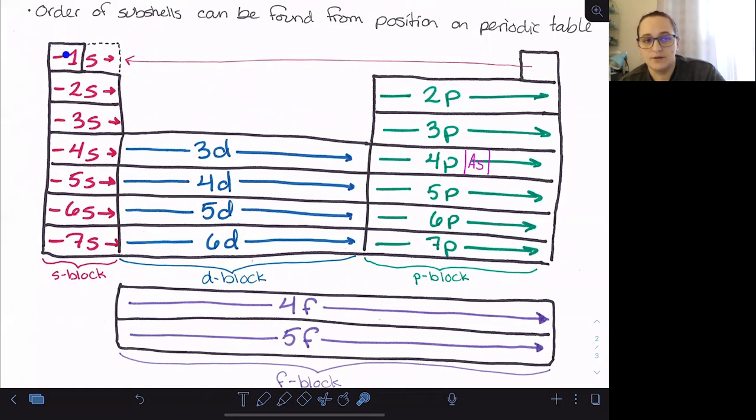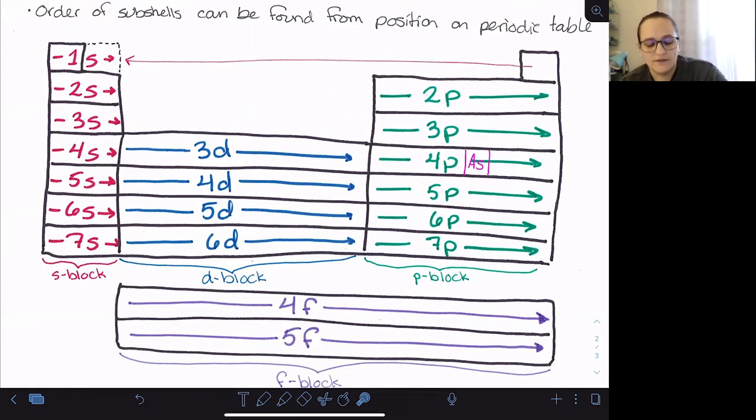So we start in this block at the 1s, and then as we move down, we're moving up in shells to the 2s and the 3s and so forth. Our p block starts at 2 because the first shell that contains a p subshell is the n equals 2. There is no p subshell in the n equals 1. So the very first row of this block is actually number 2, and then we continue 3, 4, 5 onwards from there.